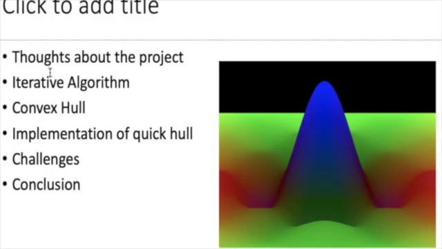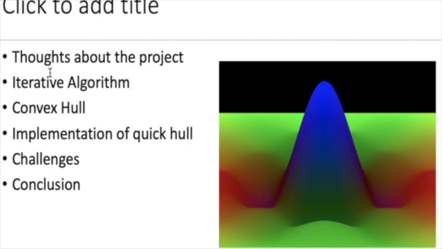First of all, I will talk about my thoughts about the project. Then I will talk about the iterative algorithm. I will visualize this algorithm, and then I will visualize each iteration and keep track of how it progresses in the function.